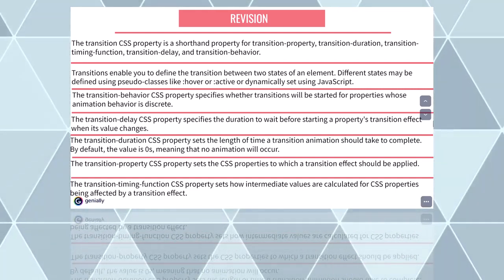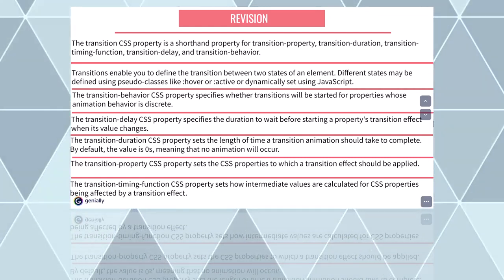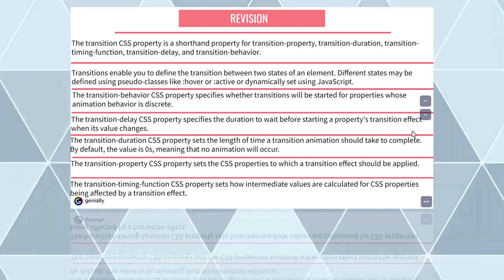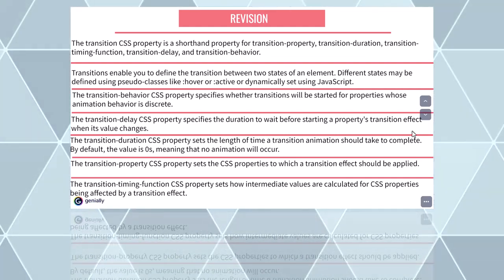The transition-timing-function CSS property sets how intermediate values are calculated for CSS properties being affected by a transition effect.